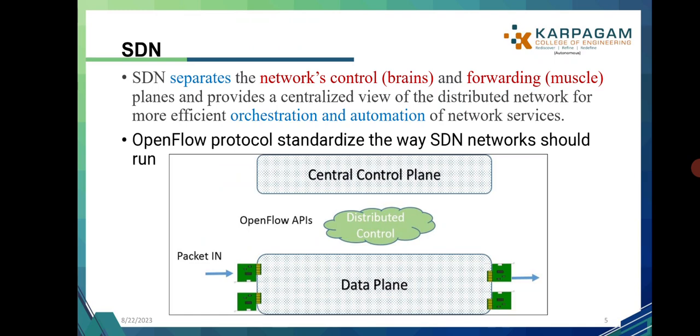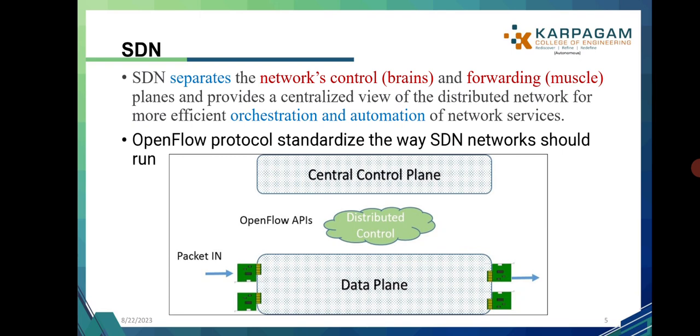But what we do here is separate the control plane and data plane, and provide a centralized view of the distributed network for more efficient orchestration and automation of network services, right? By separating the network control plane and forwarding plane, you orchestrate and automate the network process.